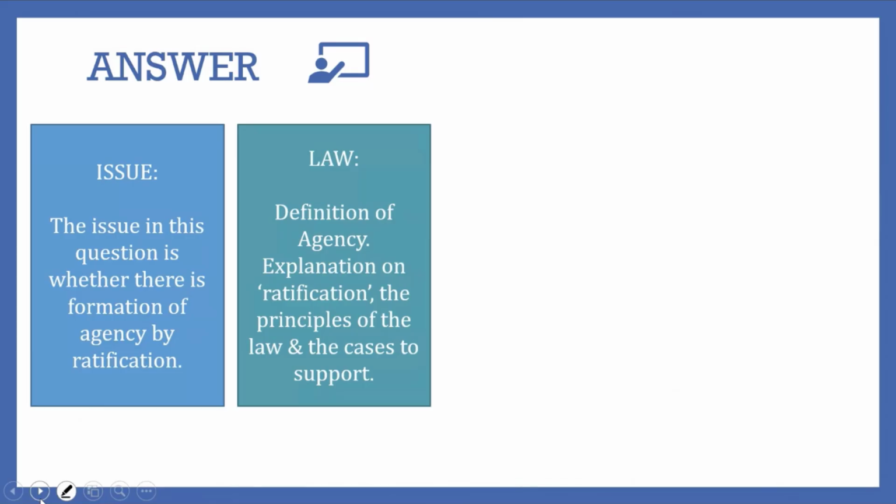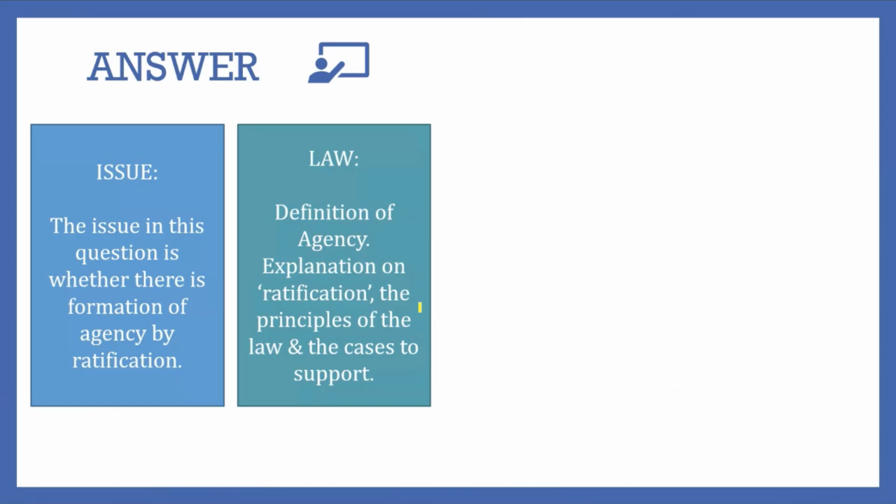Since you have already identified that the issue is on ratification, focus your answer only on ratification. Don't waste your time explaining other forms of agency, such as agency by necessity or estoppel, because this question is on ratification. So you explain what is ratification. You've got to explain that agency can be created in five ways, and one of the ways is by ratification.